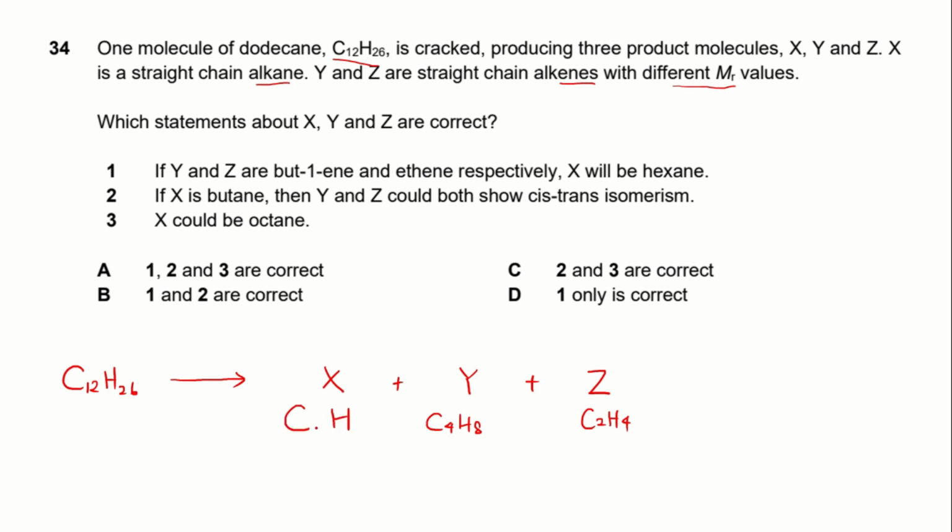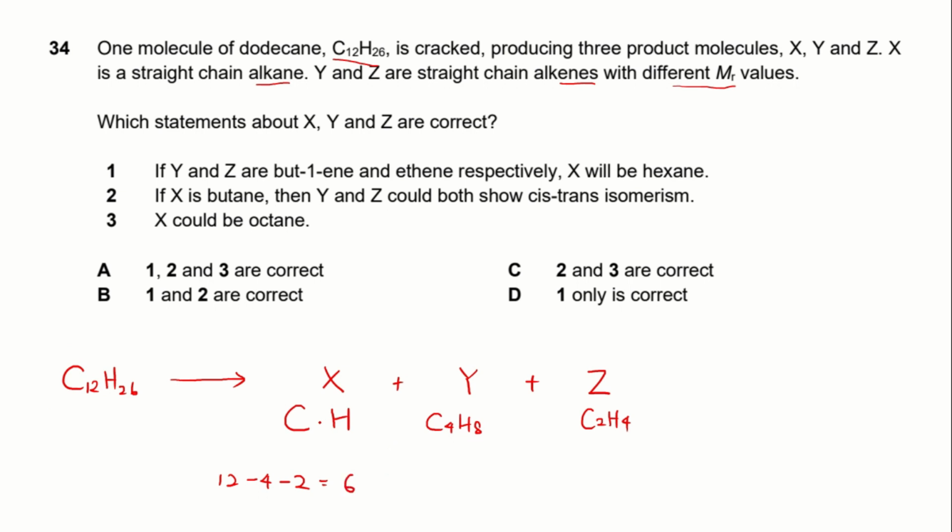The number of carbon atoms in X will be 12 minus 4 minus 2, because the total number of carbon atoms in X, Y, and Z will be the same as the number of carbon atoms in the original hydrocarbon.